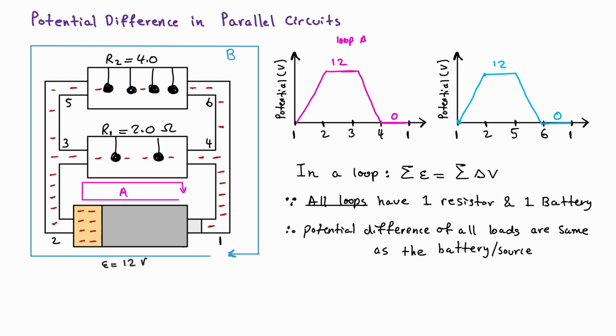So this is a therefore statement. So in a parallel circuit, the potential difference in all the components are going to be exactly the same. These are parallel circuits. These are not mixed circuits in which you have multiple resistors. These are the ones in which you only have one resistor for each path.